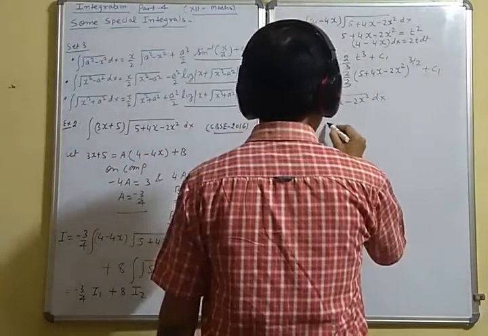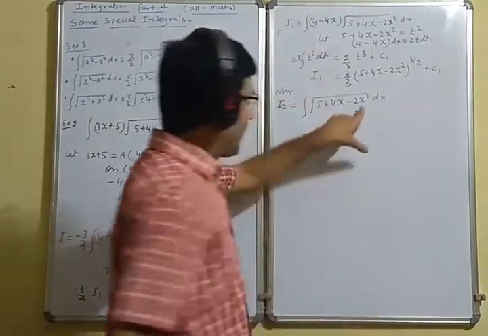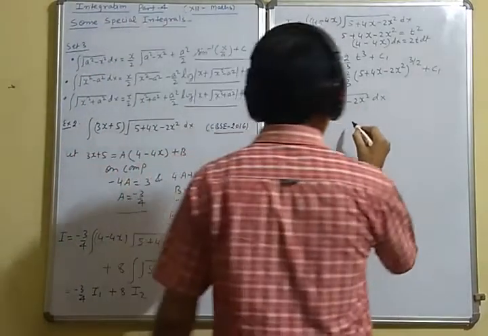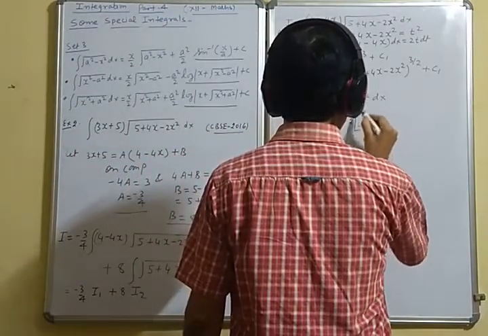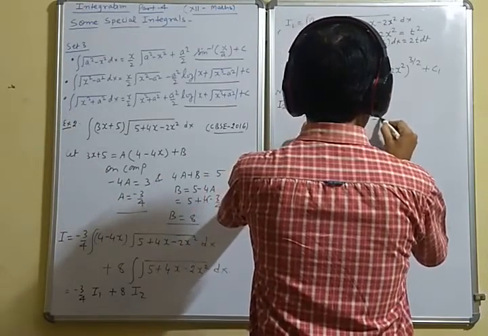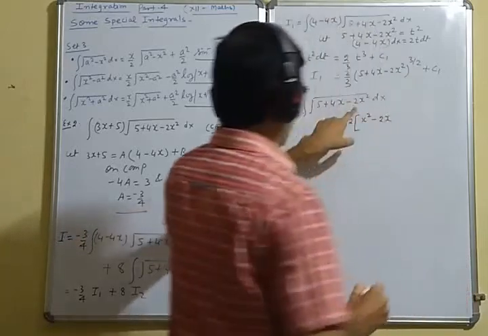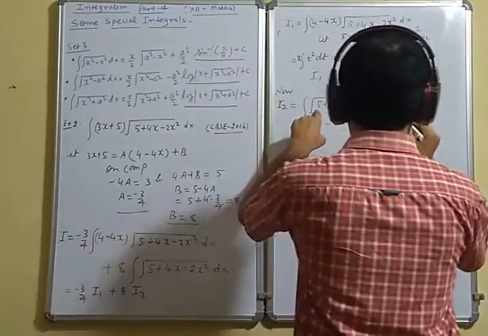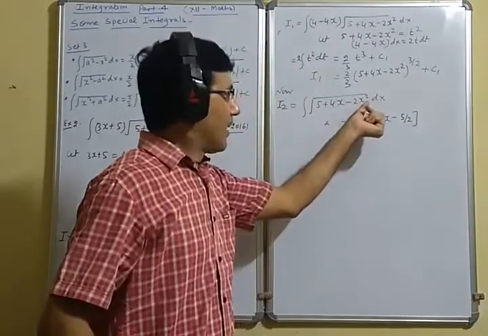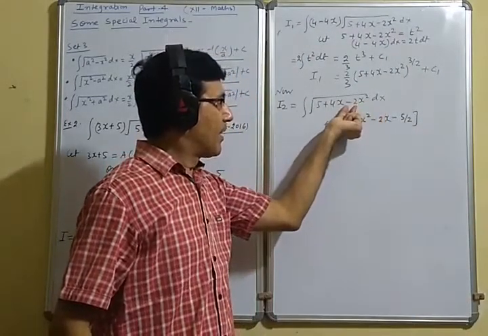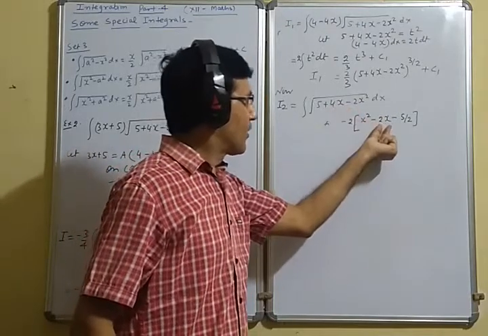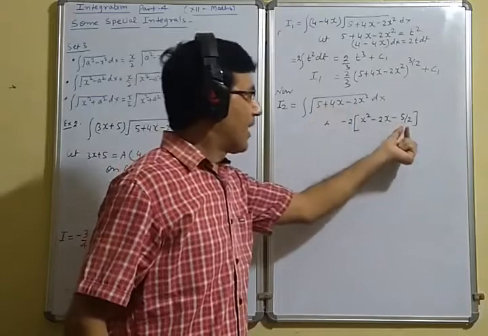So now let us see. Here the coefficient is once again negative, so take minus 2 outside. So minus 2 inside the bracket, you will get x square minus 2x minus 5 by 2. Coefficient of x square is minus 2, it becomes x square minus 2x minus 5 by 2.